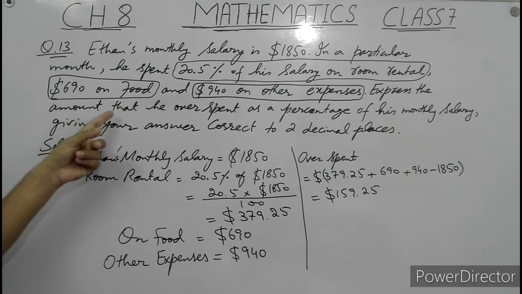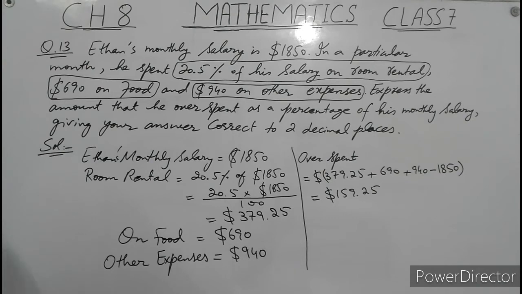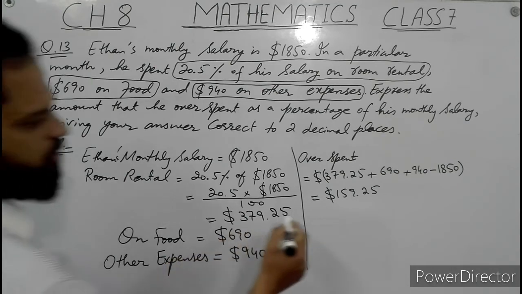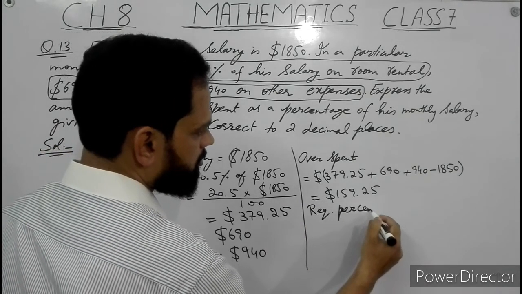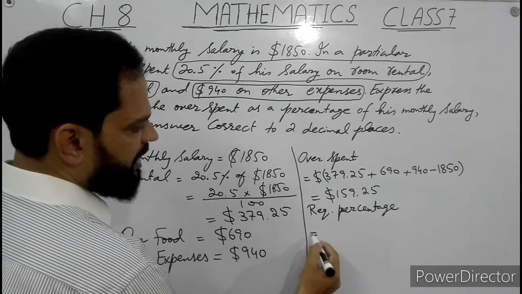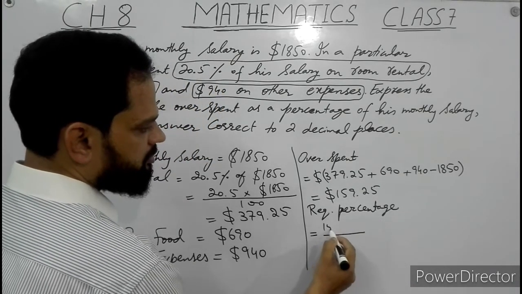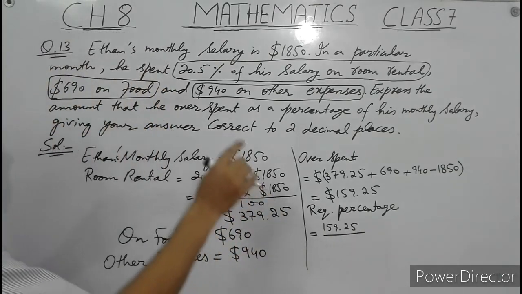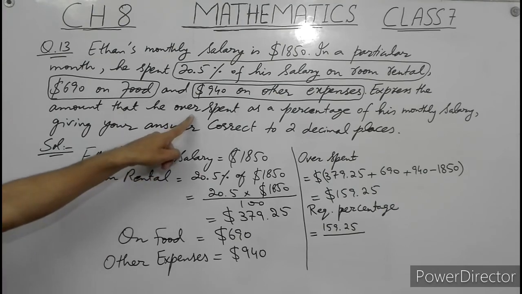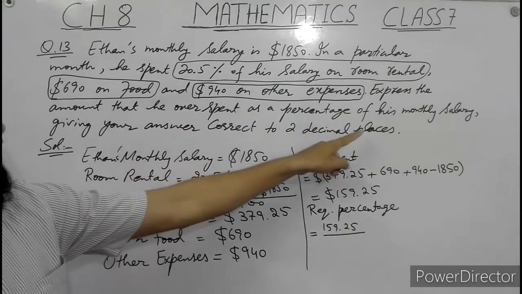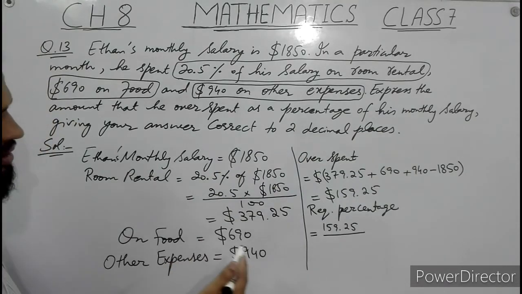Now what do we have to find? Express the amount that he has overspent as a percentage. We have to make the percentage of his overspent. Required percentage: we have to find the percentage of his monthly salary, and percentage is a fraction, so overspent will be the numerator and monthly salary will be the denominator.